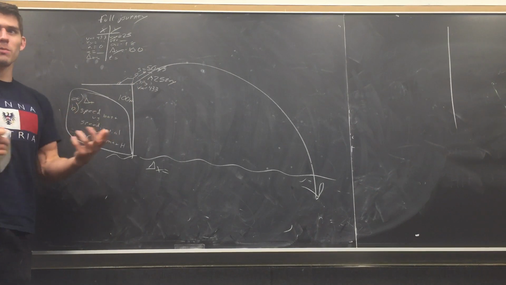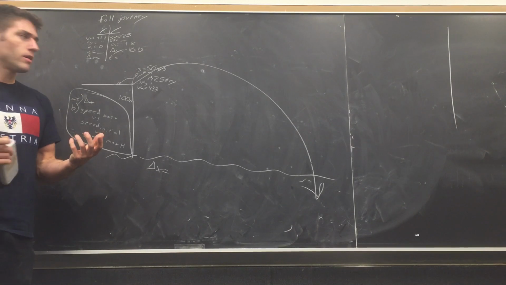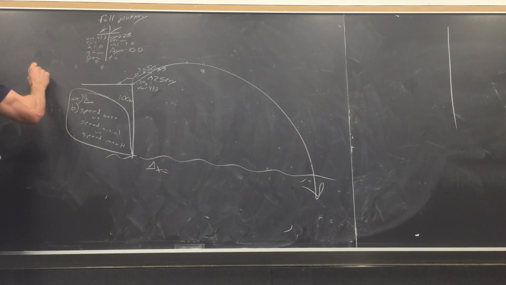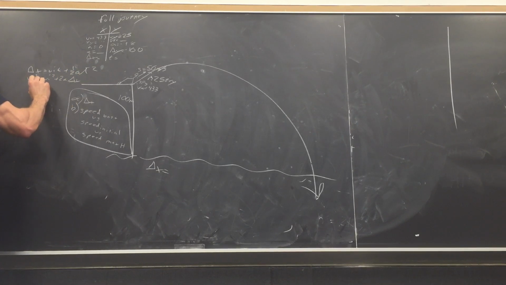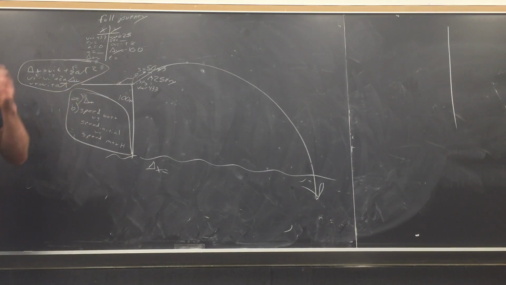And if you have three variables, you can solve for a fourth variable. Because of our equations, delta x equals vit plus 1 half at squared, and v final squared equals v initial squared plus 2a delta x, and v final equals v initial plus acceleration time. You guys should know these, and they'll give them to you, but his formulas suck.